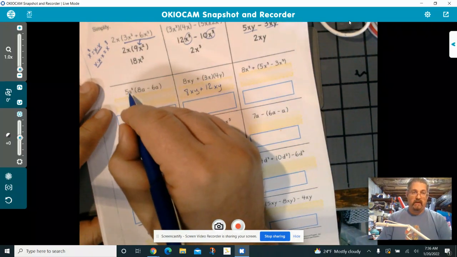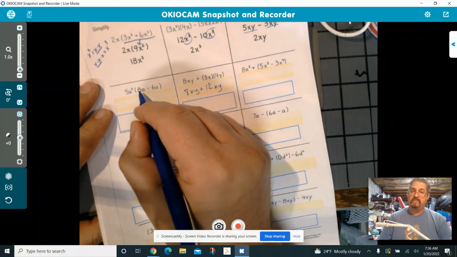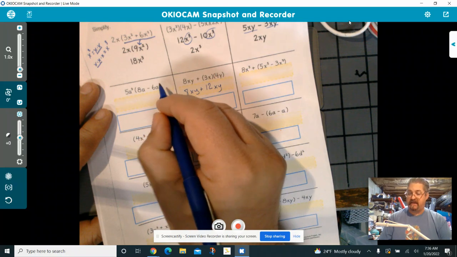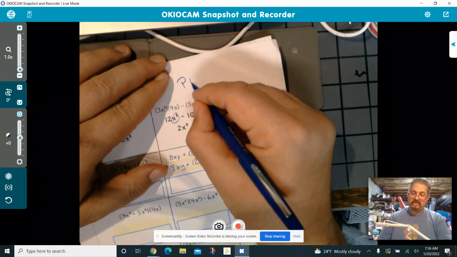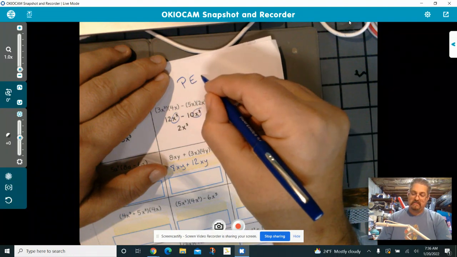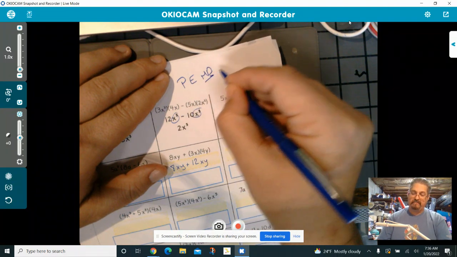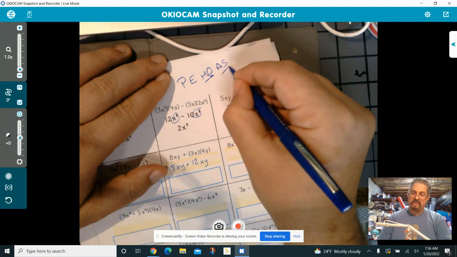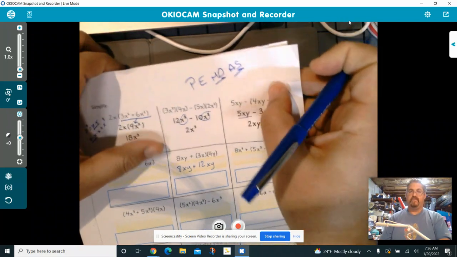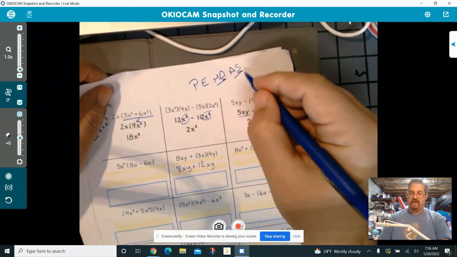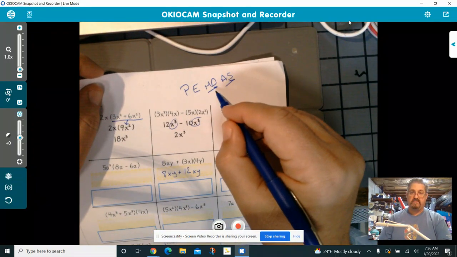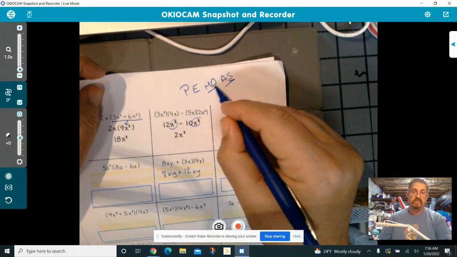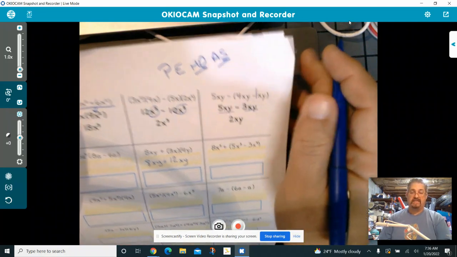5a to the third power times parentheses 8a minus 6a. Remember, we do parentheses, exponents, multiply, divide, and add, subtract. We do these from left to right. So if there's addition in between our multiplication and division, then we have to finish doing multiply, divide first before we do add, subtract.